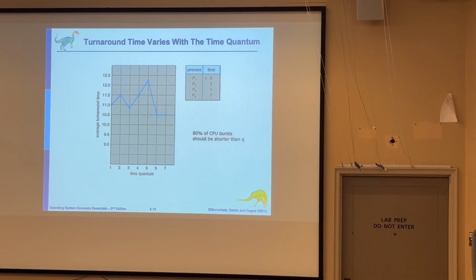Your turnaround time can vary with the time quantum. Turnaround time is affected by the time slice.